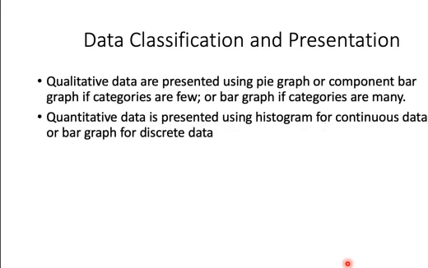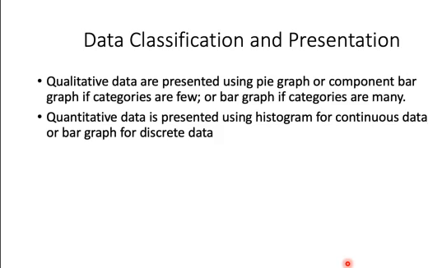And lastly, when you present qualitative data in a graph, you use a pie graph or a component bar. So you use a pie graph or a component bar interchangeably if categories are few. If you have few categories, for example, if you are talking of sex, you only have two categories, males and females, and then you use a pie or a component bar.